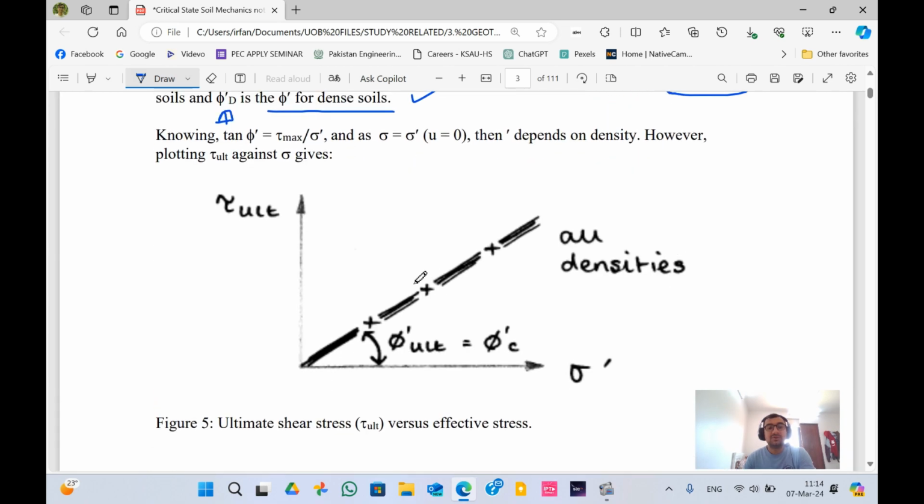If we plot a graph between the ultimate shear stress and the effective stress, what we get is a uniform line.